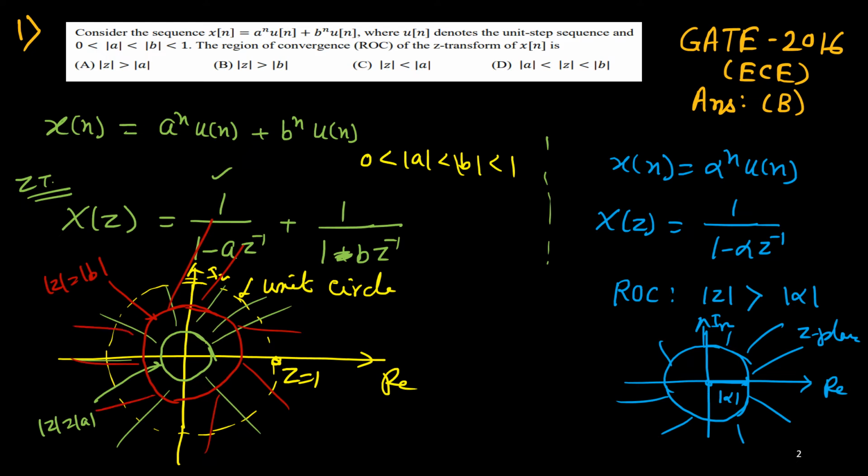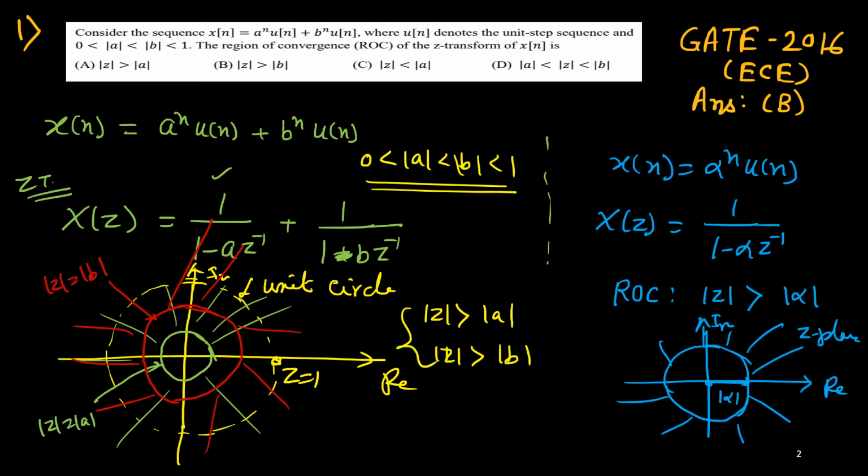So there should be a common region, because it's a combination of these two sequences, so both should converge. As this circle is larger than that one, the first condition is mod z more than mod a, and the second condition is mod z more than mod b, but it is given that mod b is more than mod a.